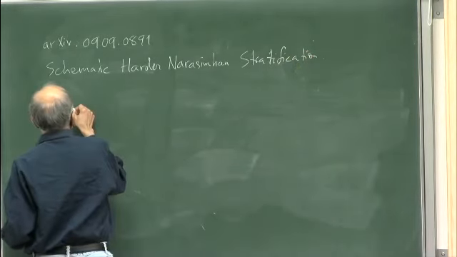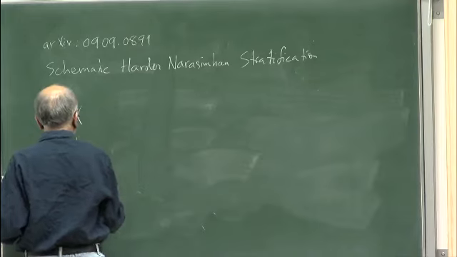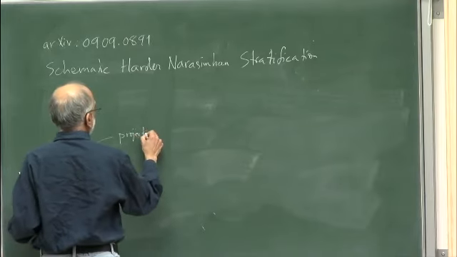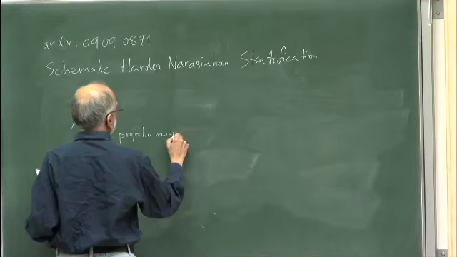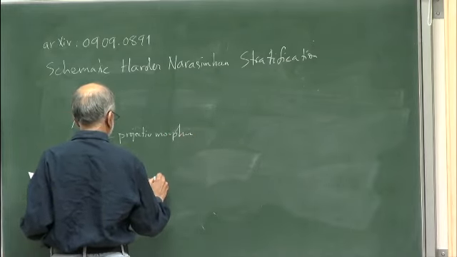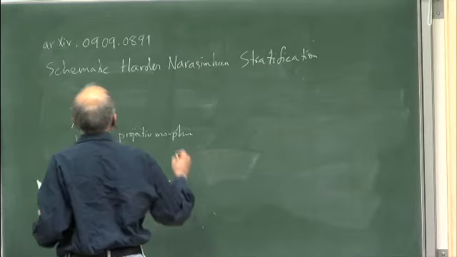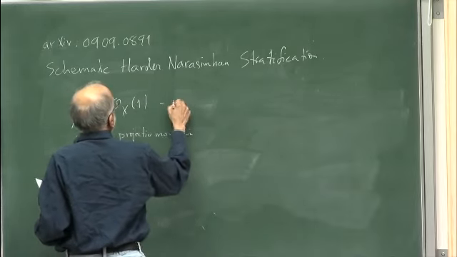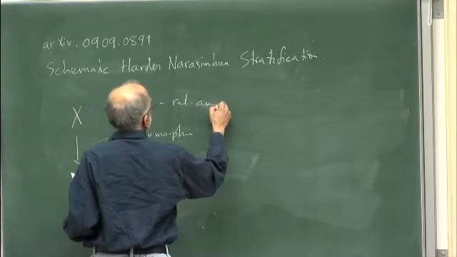Okay, so this will always involve a projective morphism. This is a Noetherian scheme, and this will be equipped with a relatively ample line bundle.